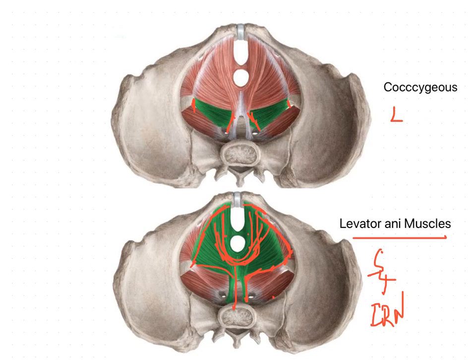And this muscle is supplied by S4 and S5 sacral nerves. If you see the action, again this helps in the formation of the pelvic diaphragm, and pulls the coccyx forward after it has been pushed back. So these are the actions of these muscles.